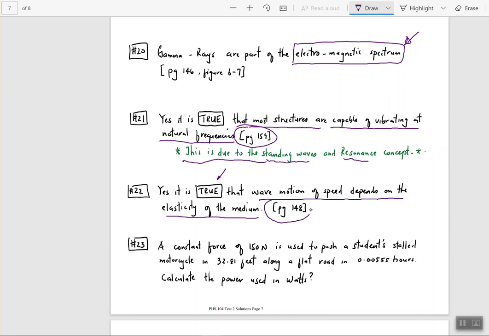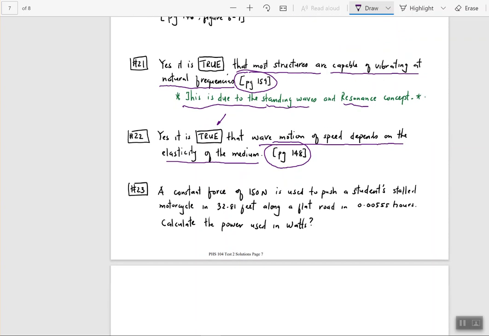Again, you'll find more information about that on page 148. So without getting too deep into the chemistry, the speed of these wave motions does depend on the elasticity, or how pliable the actual medium is.